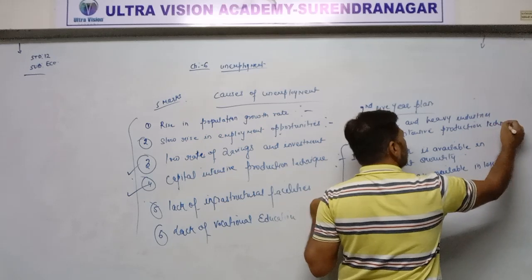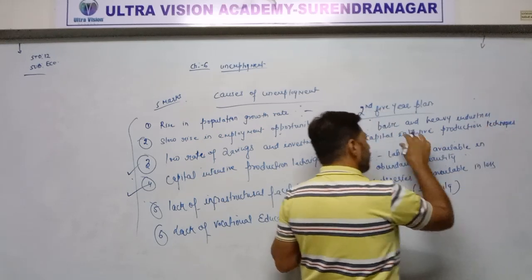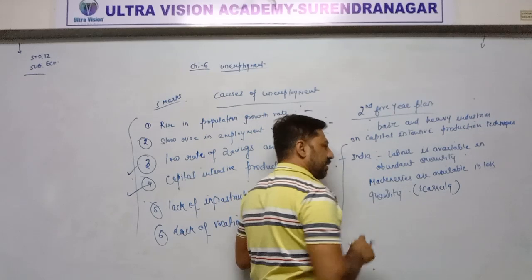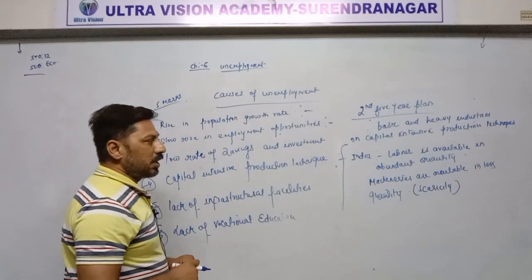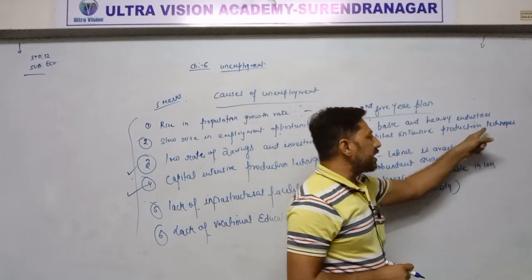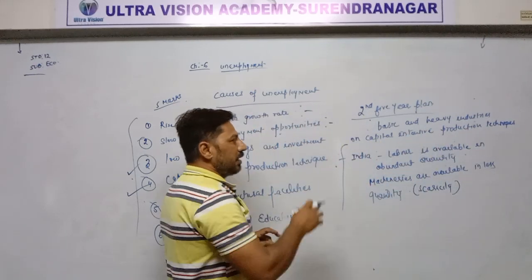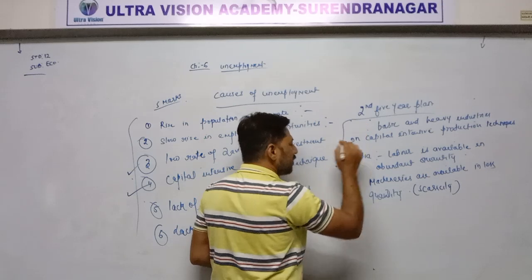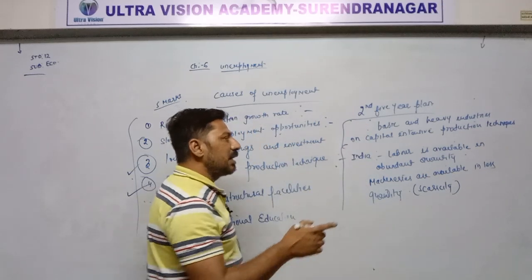Since these sectors like fertilizers, railway, road, constructions are completely based on capital intensive production technique, it indicates that government has used more machineries and less labor.